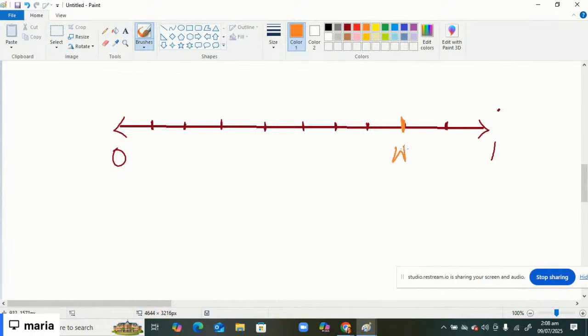Now you guys tell me, I'm not able to write anything over that number line. Just count the intervals and then tell me the answer in the chat. Everyone hurry up, just count it out and tell me the answer in the chat, please.